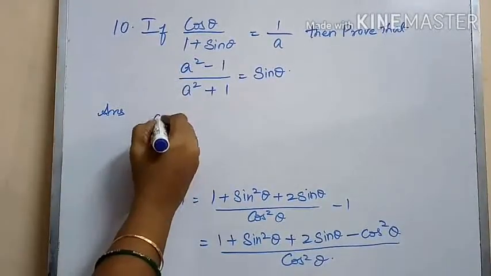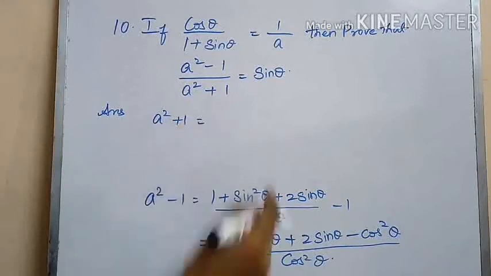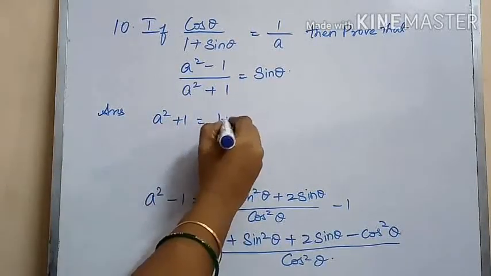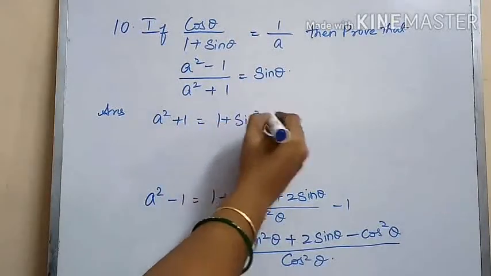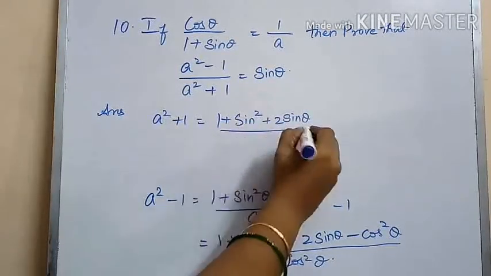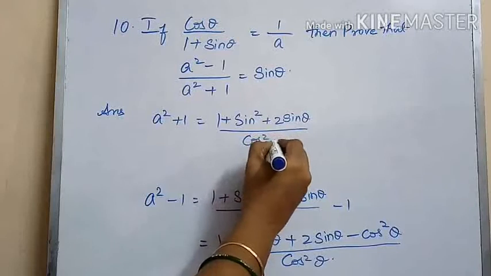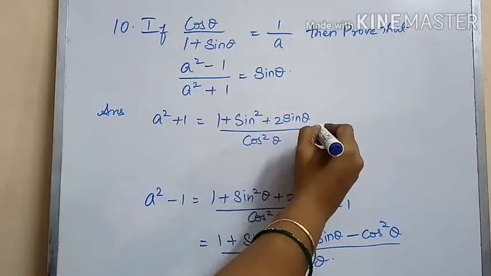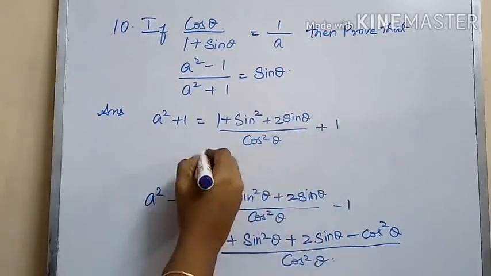The next thing we have to find out is a squared plus 1, which is equal to 1 plus sin squared theta plus 2 sin theta by cos squared theta plus 1.